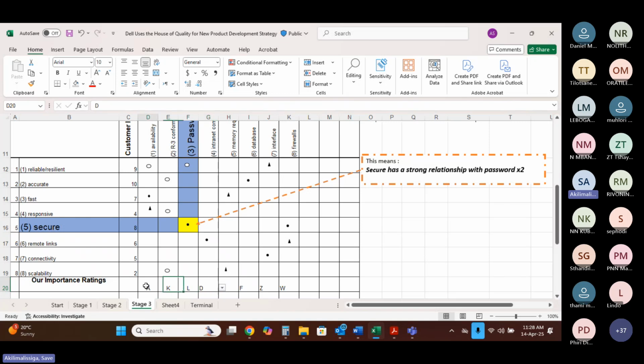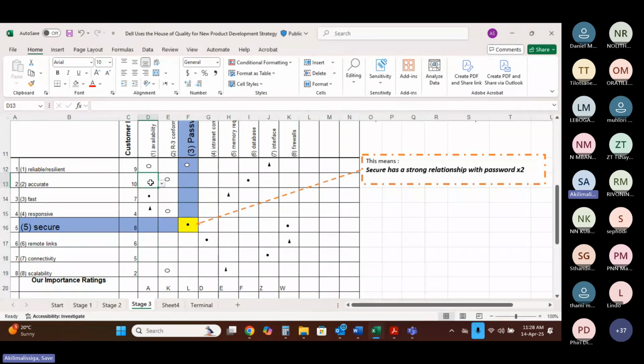So since you are calculating our importance ratings, we're going to start with the first cell here, and you're going to consider the symbols within a single column. Here we are within this column, so we're going to consider all the symbols within this column.